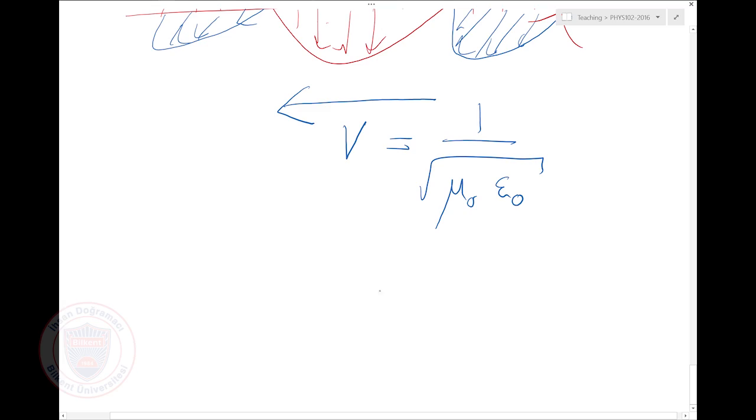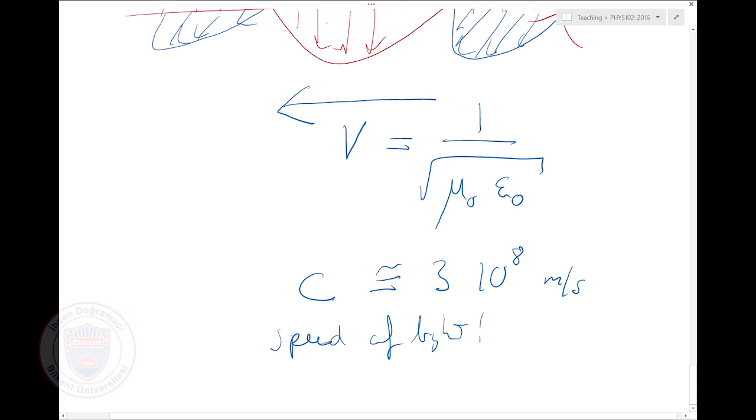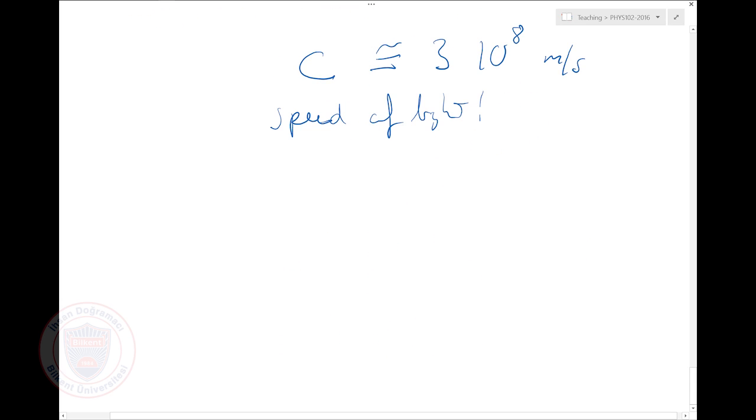He put in the numbers, and out comes a result which is more or less 3×10⁸ meters per second, which is very close to the speed of light. And then he said, hey, what we know as light must be exactly this.